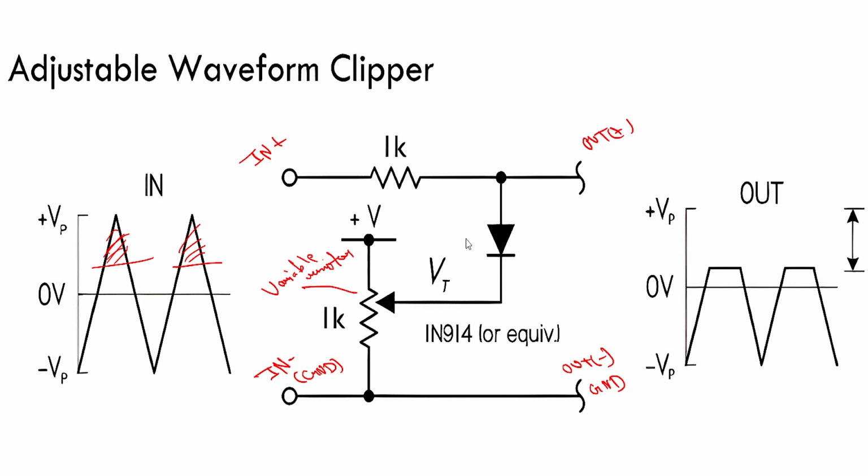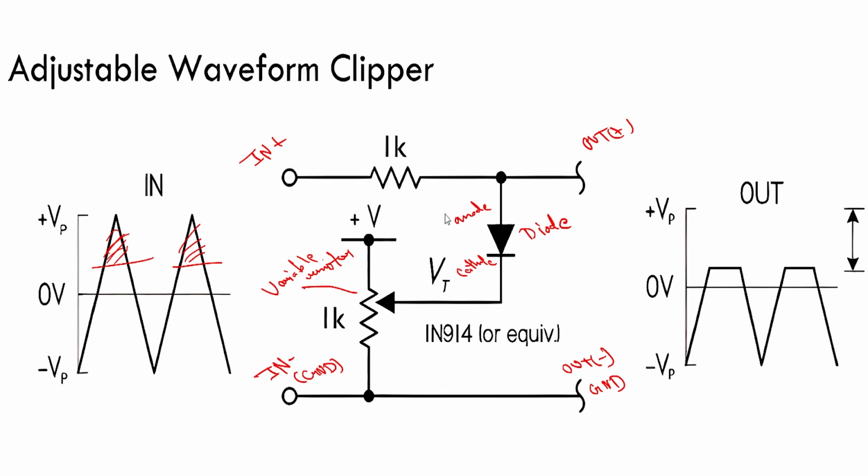There is a diode here, and the diode value is written 1N914. Basically, what is the purpose of the diode? As you can see, in this diode there is an anode here and a cathode here. So what is happening here?